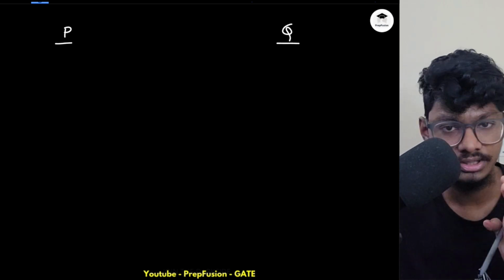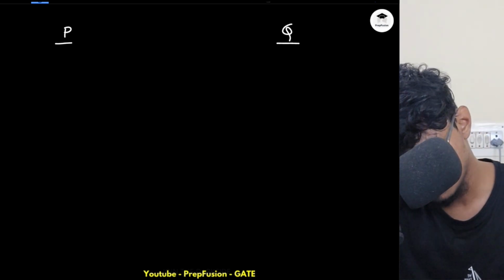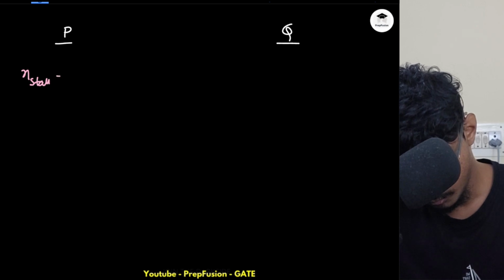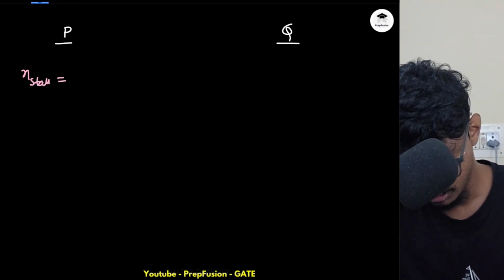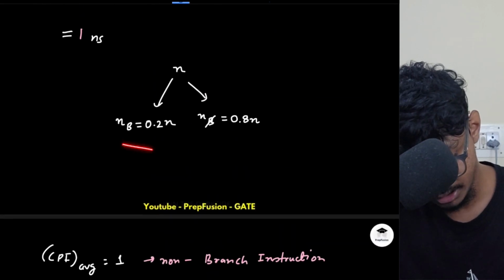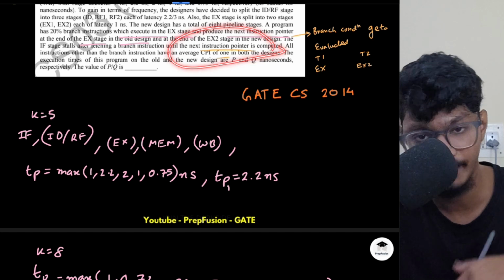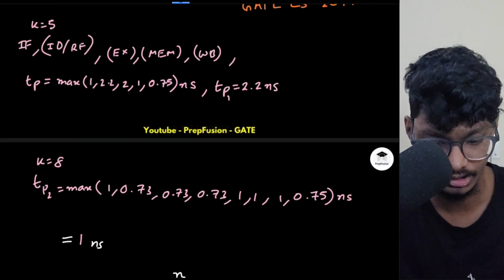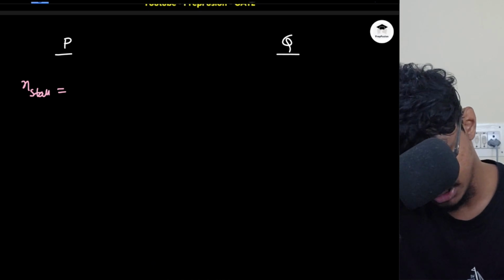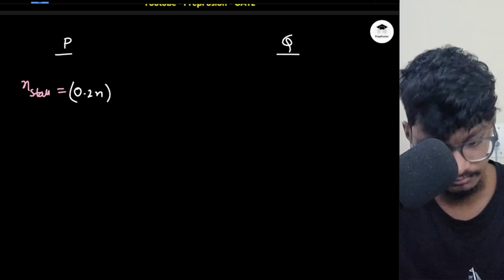Actually, how many stall cycles do I need to provide for system P? The number of branch instructions is constant, 0.2n. If I have to wait until the branch is resolved before I can start my next instruction fetch, then for each of these branch instructions, how many cycles do I have to wait?